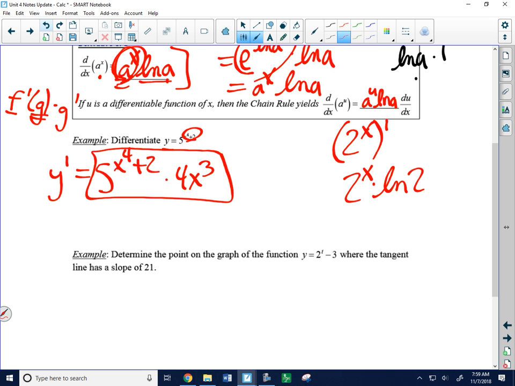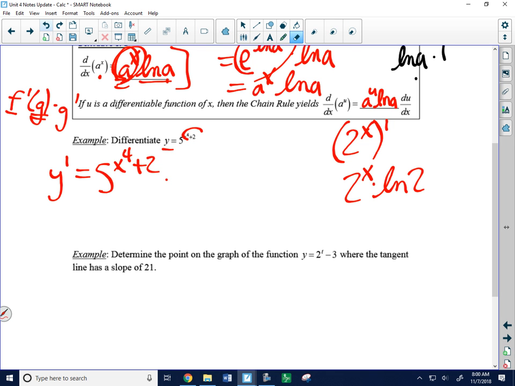Oh, I forgot one thing, sorry. Ln of a. You know what? I'd actually rather write the ln of my base 5 first. But I could have put it after. Sorry about that.